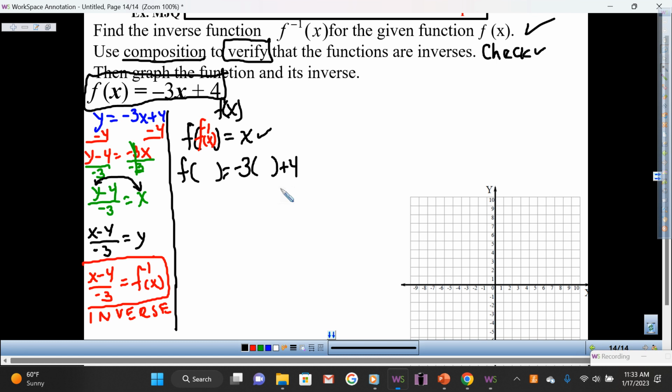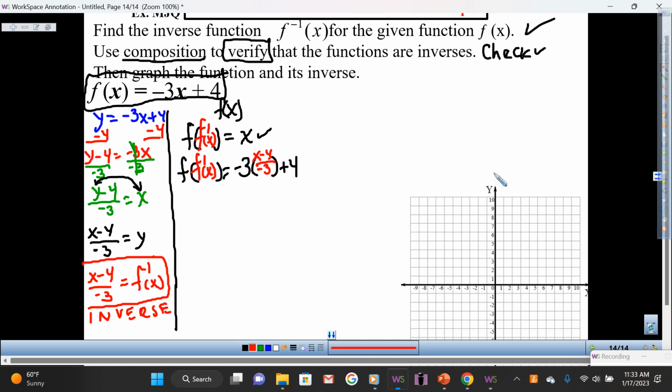Yes? That's f of x. But what am I going to substitute in here? I'm going to substitute the inverse. F inverse of x. And on this side, instead of writing f inverse of x, what is the inverse of x? X minus 4 over negative 3. X minus 4 over negative 3.